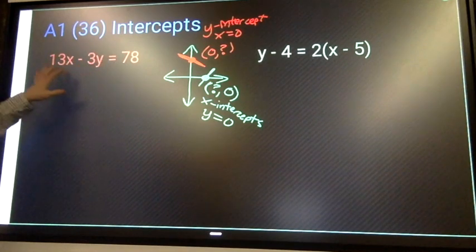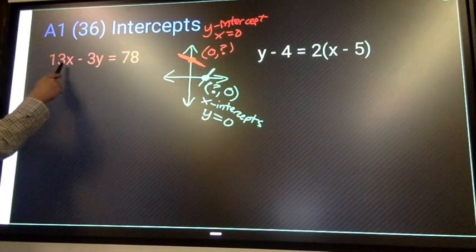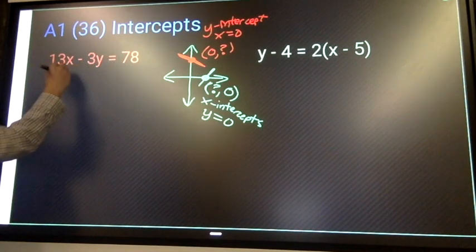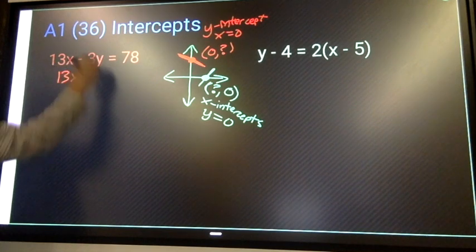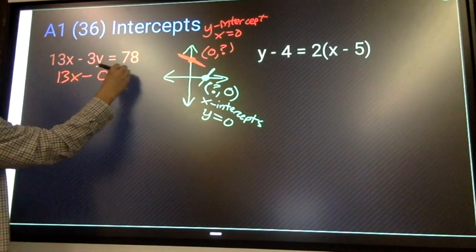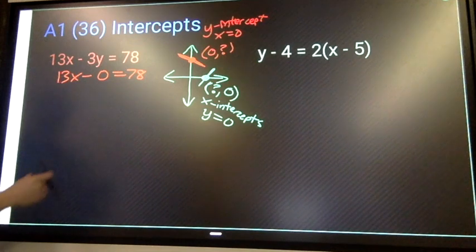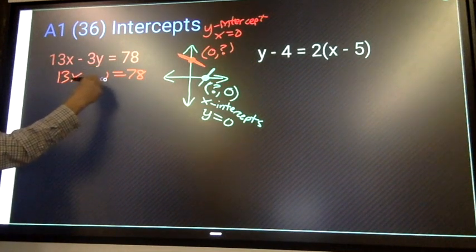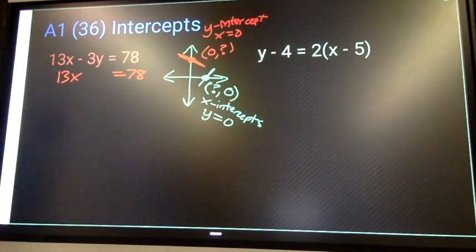Take this equation, for example. If I want to find the x-intercept, y is 0, so I'll have 13x minus 0 equals 78. And I don't even really need to write that term at all. 13x equals 78. You know how to solve for x.